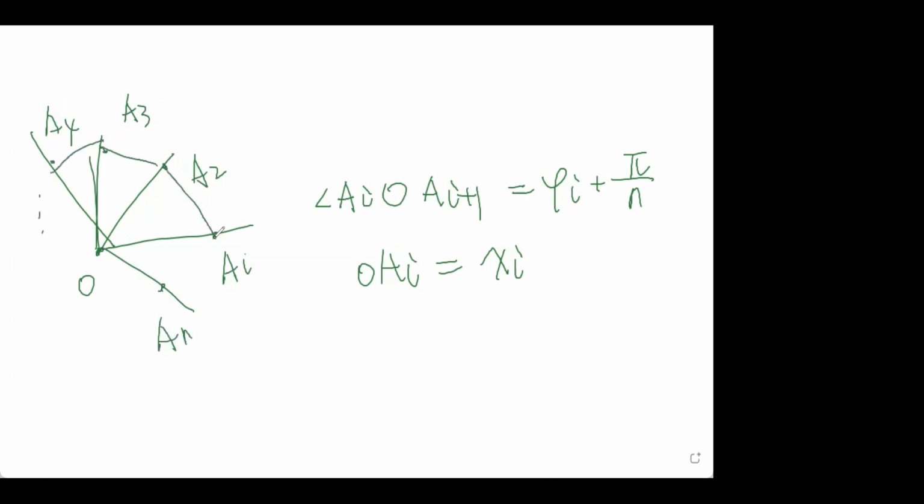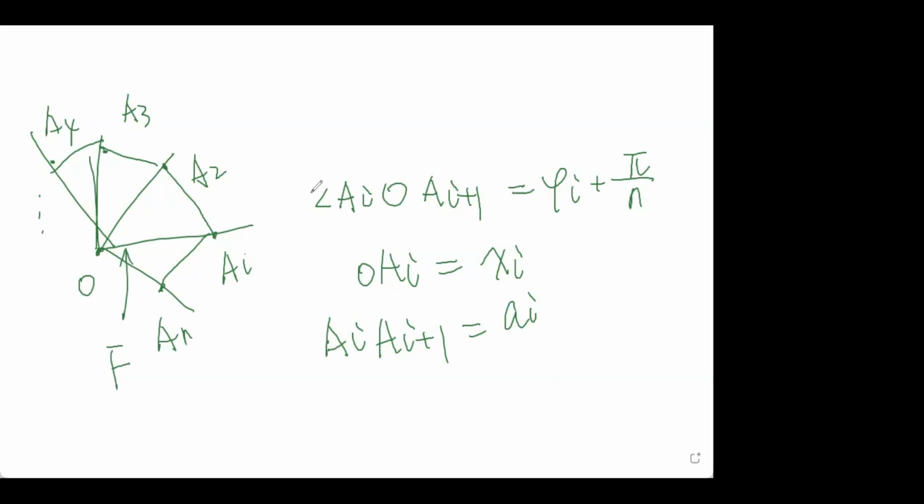So we actually have an n-gon A1, A2, to An. And right now we will assume A_(i+1) equals A_i, and we denote the area of this n-gon as F.